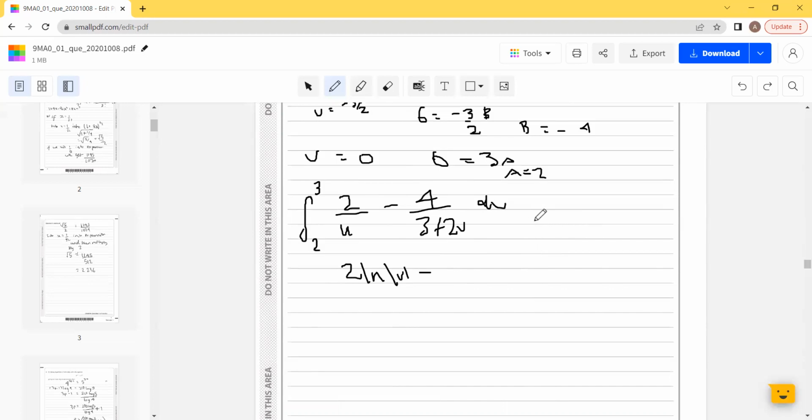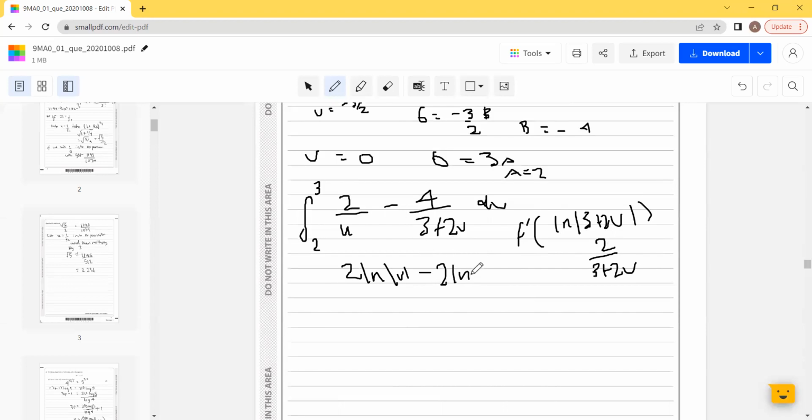So let's say we know the derivative of ln of 3 plus 2u. If we took the derivative of that, we would be left with 2 over 3 plus 2u. Except we want a minus 4, so we multiply this side by minus 2 as well.